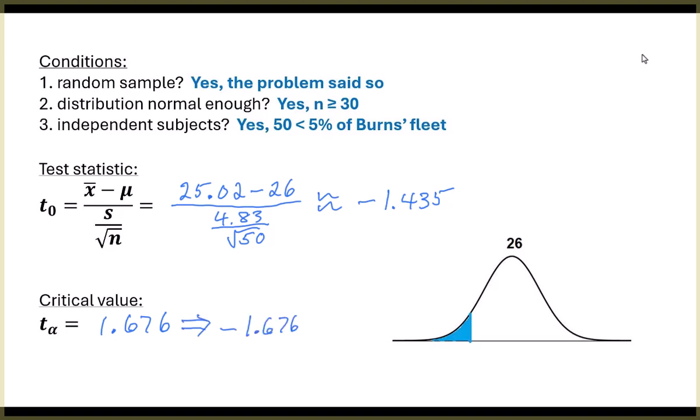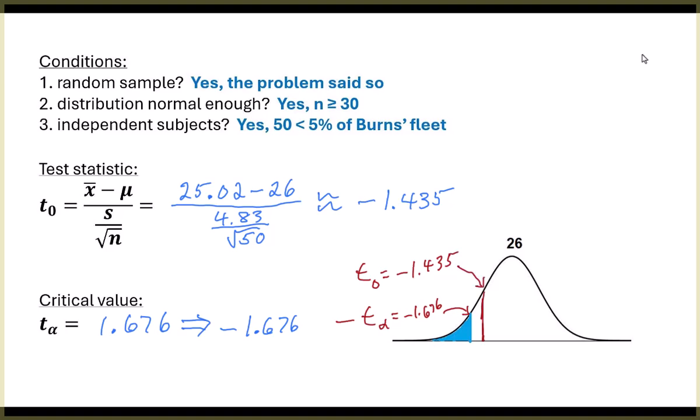So I'm going to change it to that. Again, that matches my drawing. That's our critical value. If I cross over that spot, then I'm going to reject the null. So I'll mark it right there. And then our t sub 0 is here.